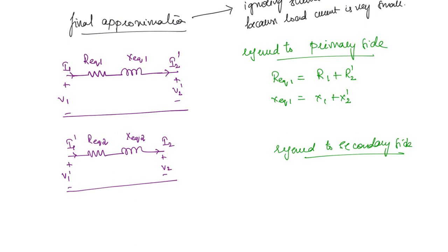And what is R equivalent 2 here? This is going to be R1 dash plus R2, and X equivalent 2 is going to be X1 dash plus X2. So this is the final approximation, the final equivalent circuit that we will use more often.